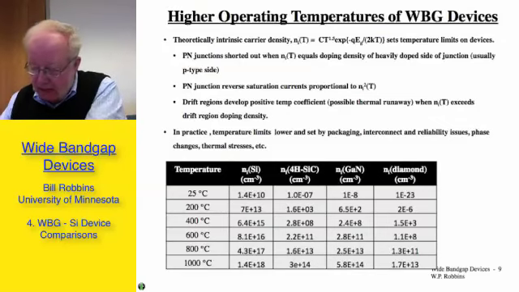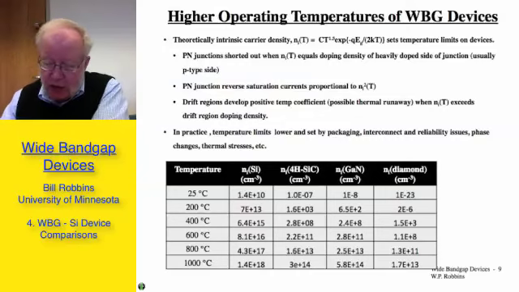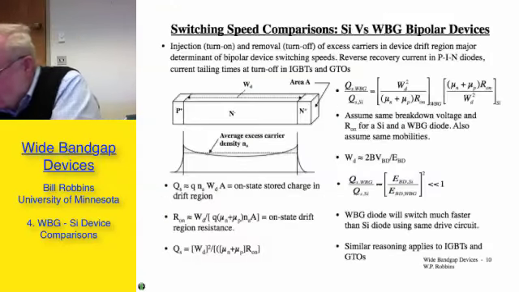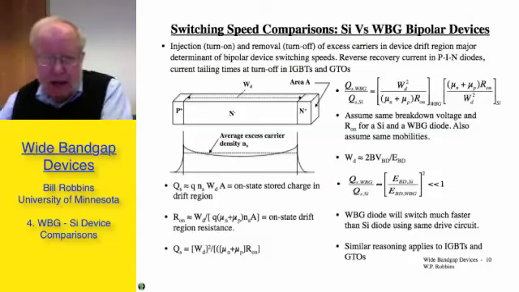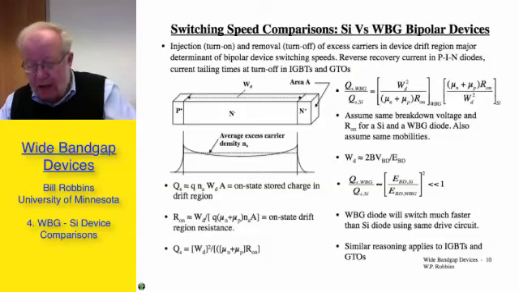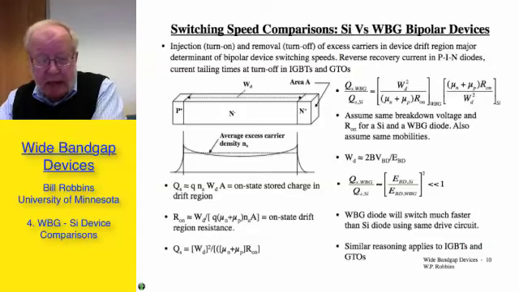If I look at some of the other questions that we might ask, we could do a switching speed comparison between these devices, at least in an approximate way. Here I'm looking at silicon versus wide bandgap materials in bipolar devices, and what I'm doing here is looking at the PIN diode as a vehicle for doing this.